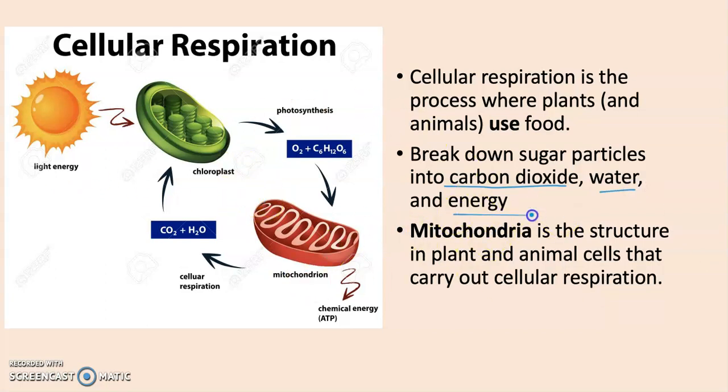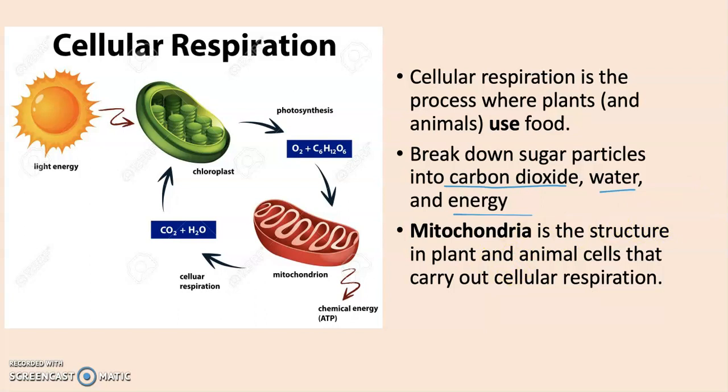That's what we do. We run, we jump, we play, we roll our eyes, we read a book, our energy. So we do this, plants do this. The mitochondria is the structure in all cells, plant and animal meaning you, that carry out cellular respiration.